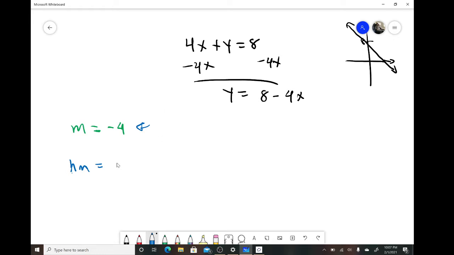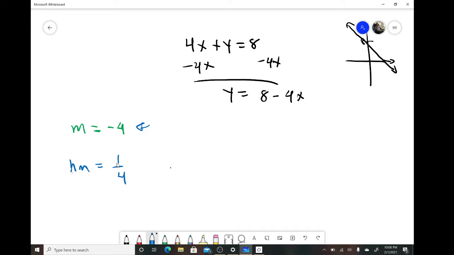Well, to make a 4 into a 1, I have to divide by 4. And since this 4 is already negative, when I divide -4 by 4, I'll just get -1, which is what I want. So the new slope is going to be 1/4.